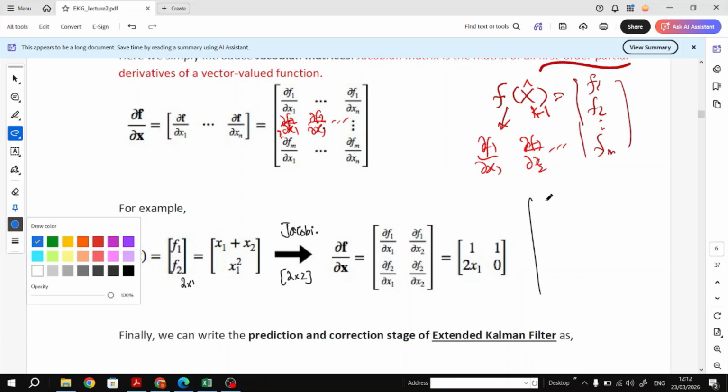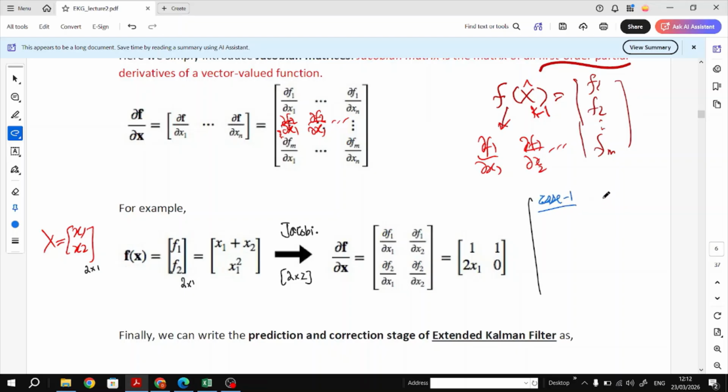Case number one: your state vector consists of three state variables, and your function f of x has two functions, f1 and f2. Then your Jacobian matrix will be like this, let me write it down fully.